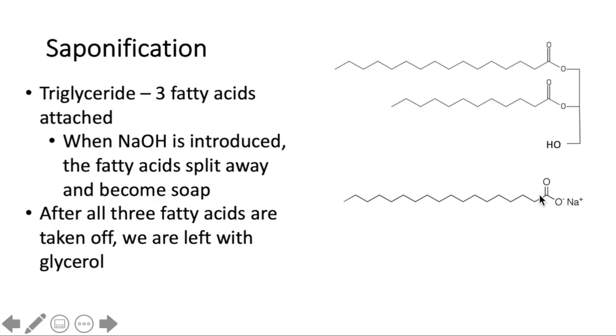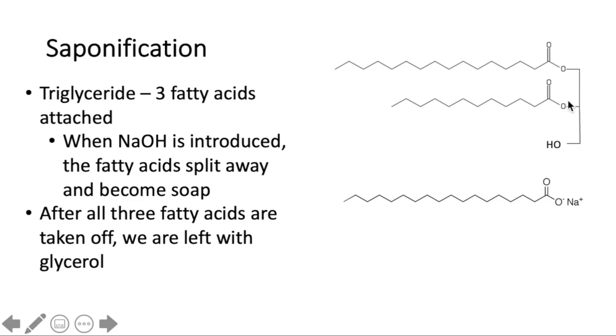So it has this negatively charged COO- group on the end. Because of that, we'll often see it written with a sodium ion there just to balance the charge. Of course, when it's in water, these two things dissociate from each other. And so we'll often also just see this long chain with the charged group on the end.